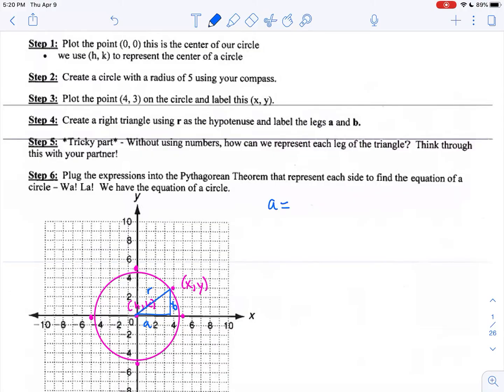So let's start off with a. How do I represent a without saying I went right 4? Well, that was the change of x. And if I look at the x coordinates that I have here, I have this x coordinate and this x coordinate: one, a point on the circle, x, y, and the other one, the center. So the change of x would be x minus h. And then what would b be? b would be the change of y of those two coordinate points, so y minus k.